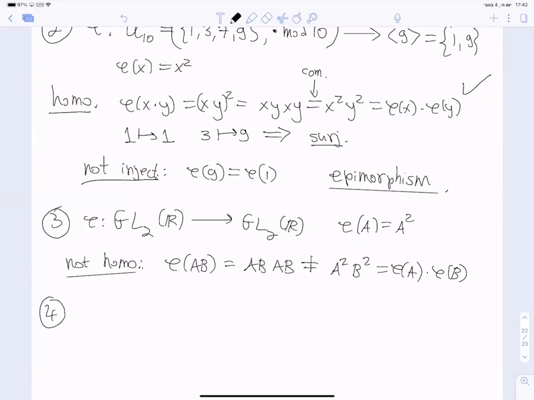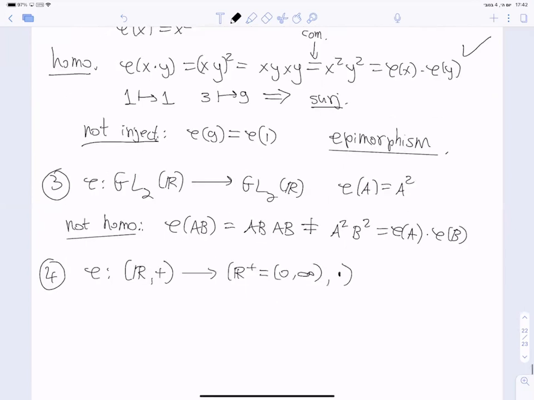Okay, and the last example we have seen before: you take R, all real numbers with addition, to only the positive ones with multiplication. How do you do that?